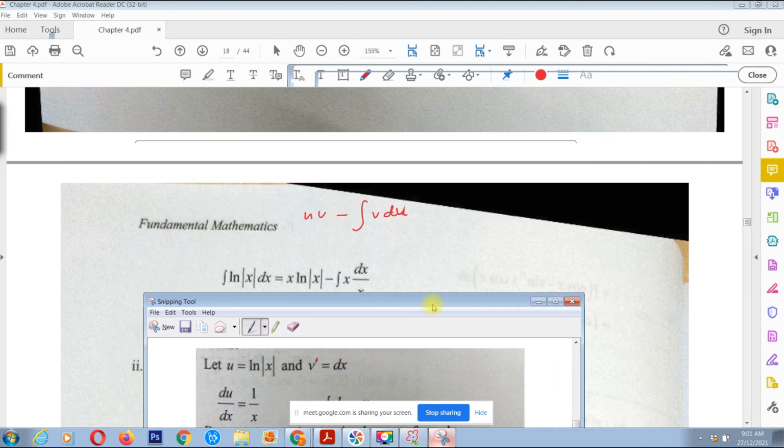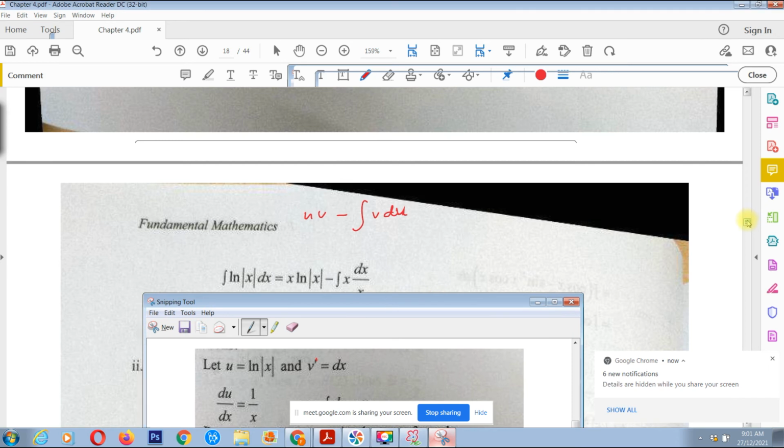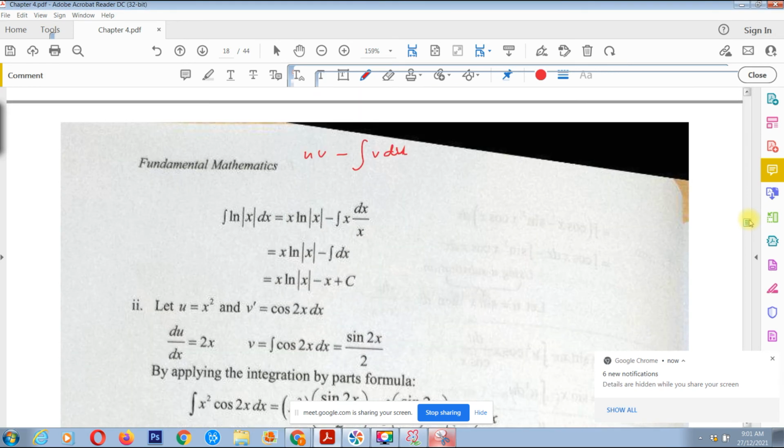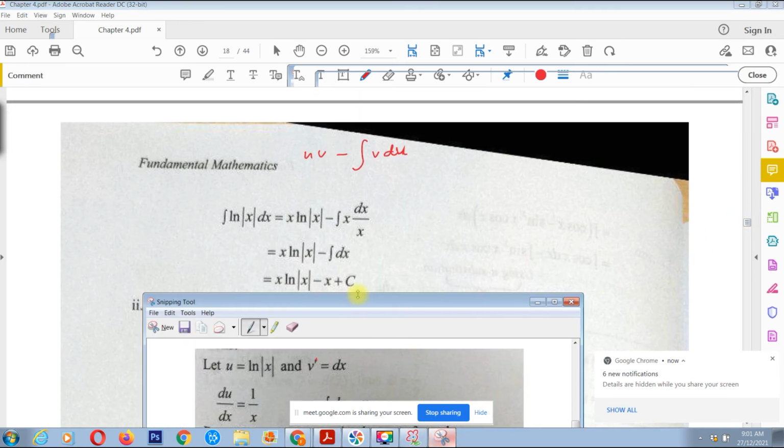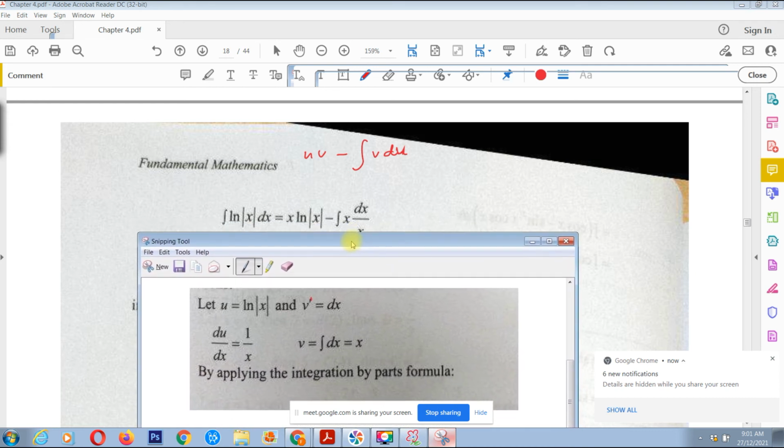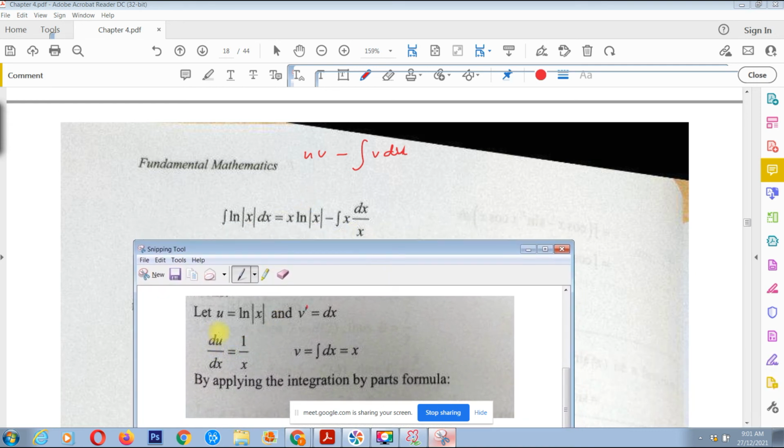So now what is our uv? u is ln x. Okay, u is ln x. And then v is x.